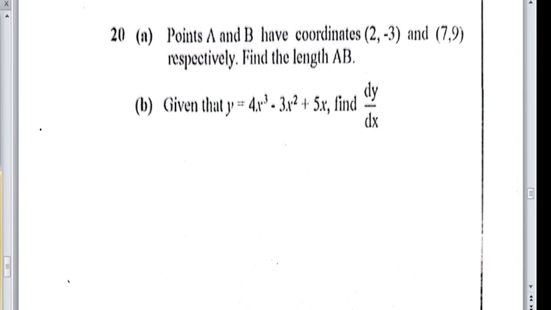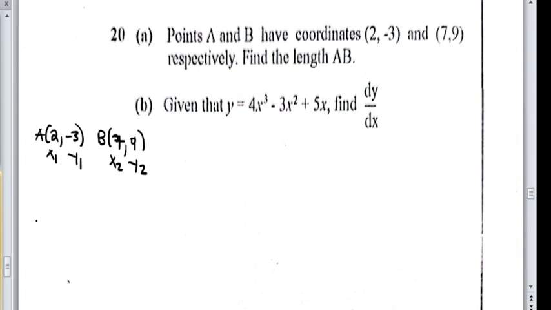When we've been given, let's say, point A (2, -3) and point B (7, 9), this is our x1, y1, x2, y2. How are we going to find the length?